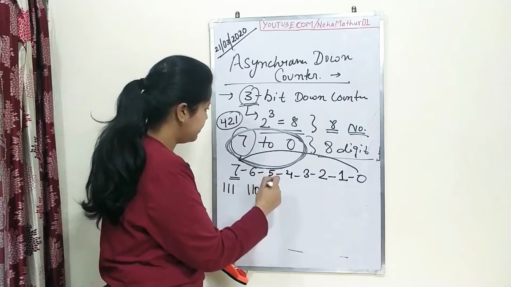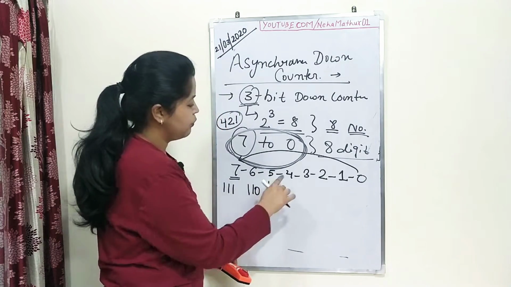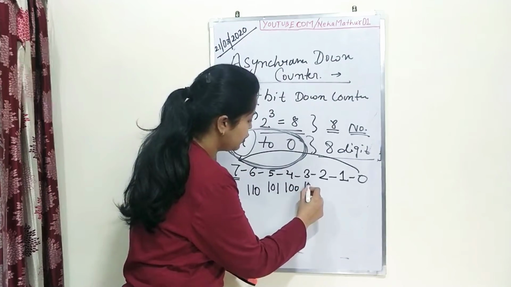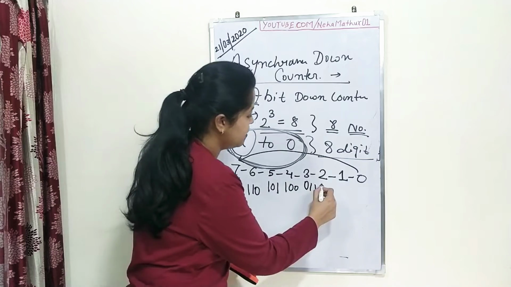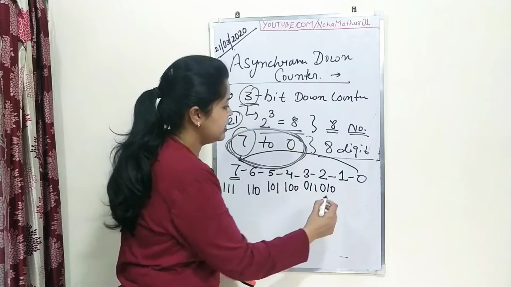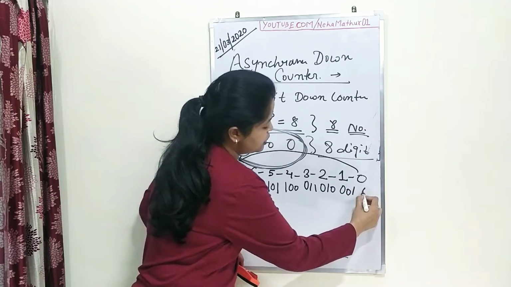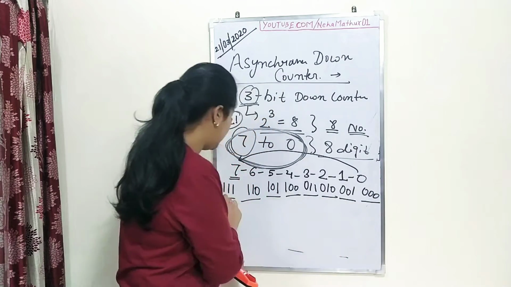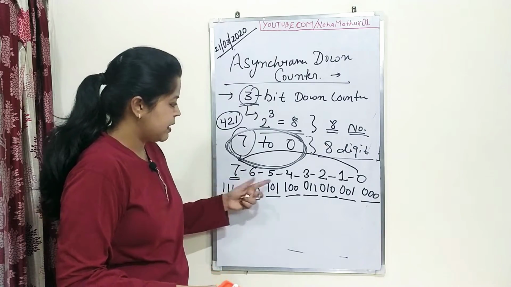Again, for 5 it will be 1 0 1, for 4 it will be 1 0 0, for 3 it will be 0 1 1, for 2 it will be 0 1 0, for 1 it will be 0 0 1, and for 0 it will be 0 0 0. So this is the binary equivalent representation of 7 6 5 4 3 2 1 0.